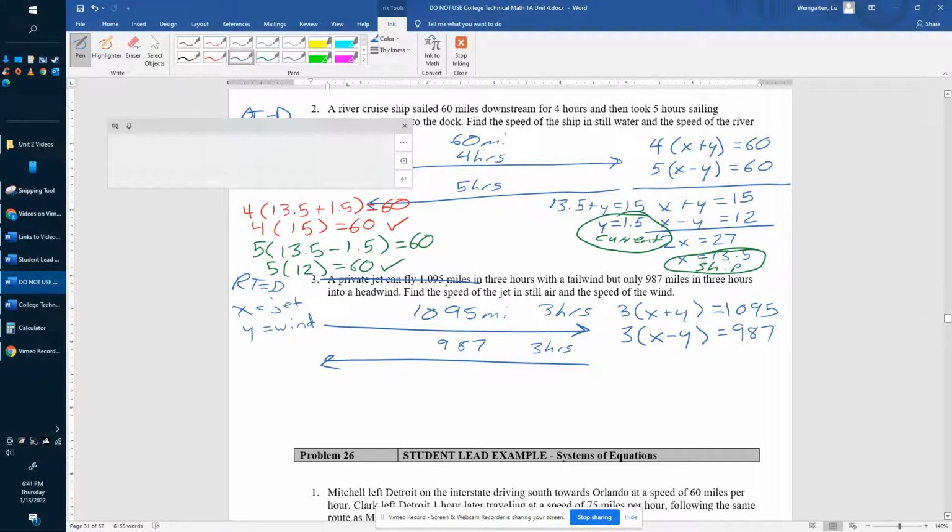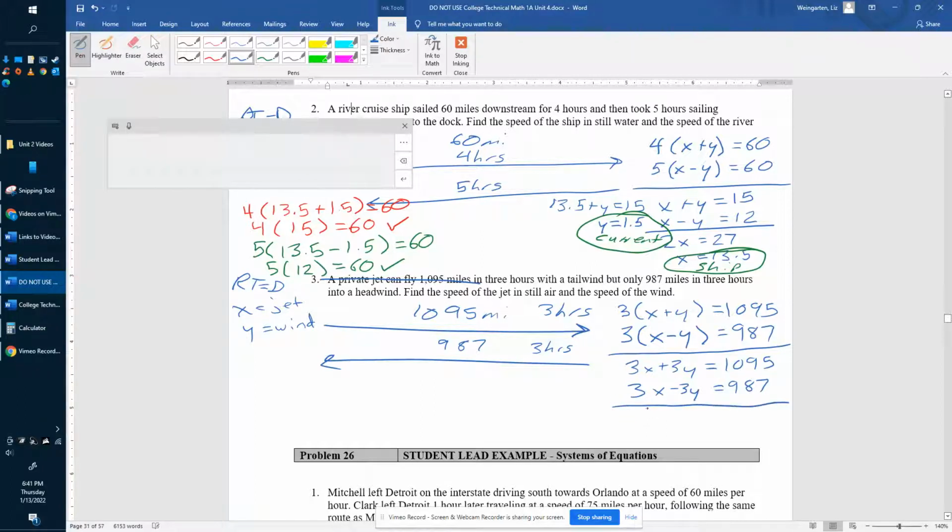This time, because we're distributing the same number, I'm just going to go ahead and distribute because it'll cancel out pretty easily. So we get 3x plus 3y equals 1095, and 3x minus 3y equals 987.